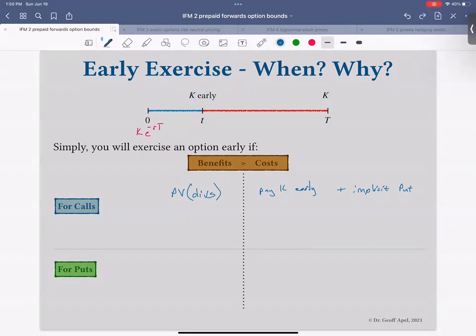But actually, the nice thing is it's really an issue of do I pay K there or pay K here? And the difference of those is the difference that I'd have to pay for paying K early. So it'd actually be K minus K e to the negative r times the time.